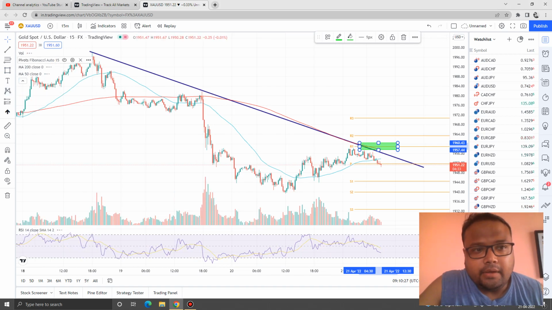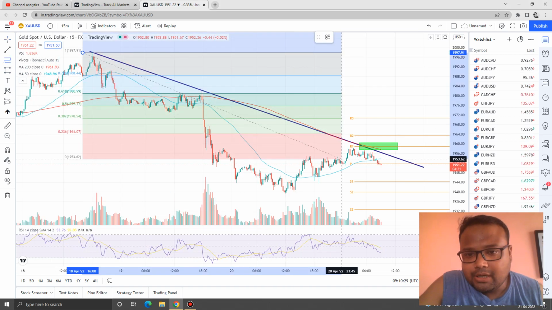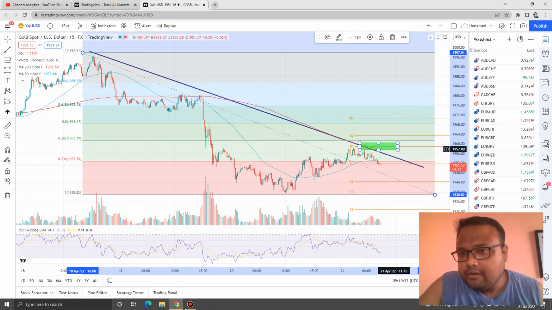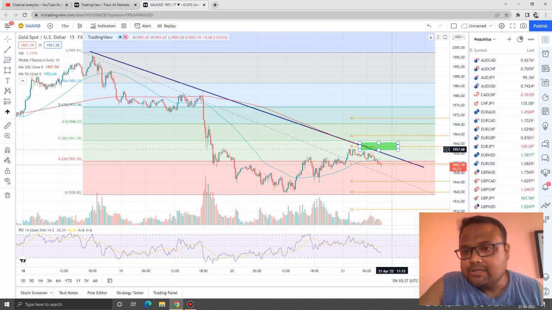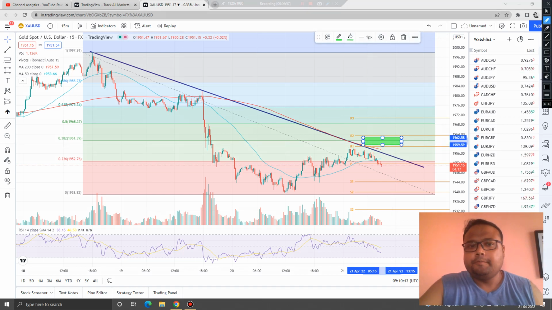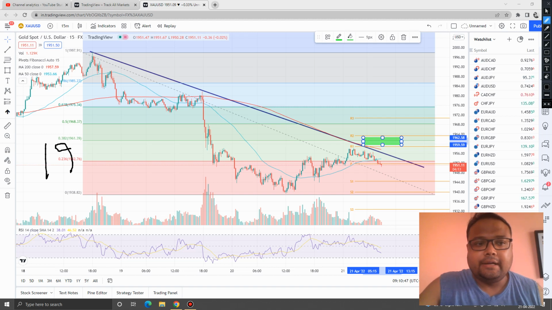And if we also draw the Fibonacci retracement levels here like this, you can see that after 1956-57, we have the next resistance zone around 1960 to 1962. So the first support for gold is 1944.